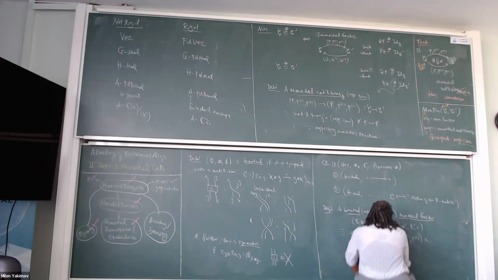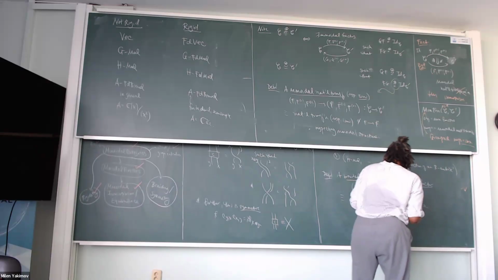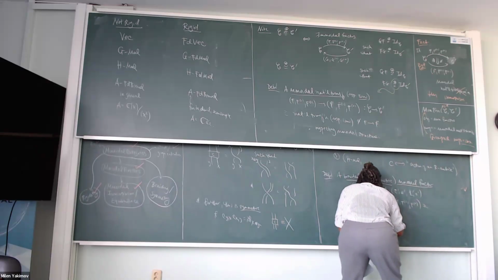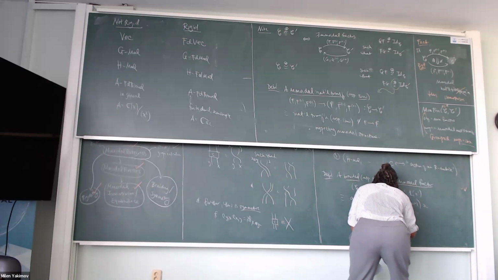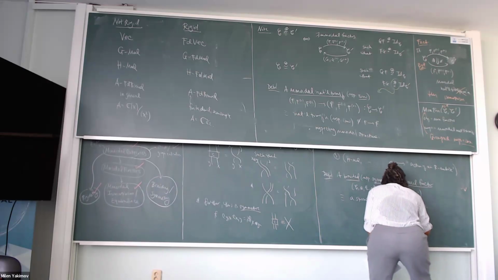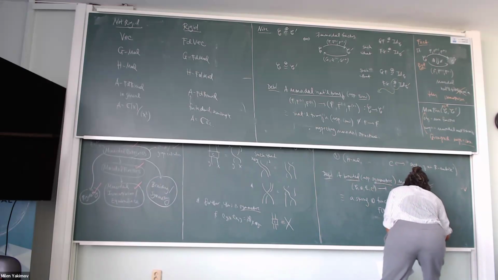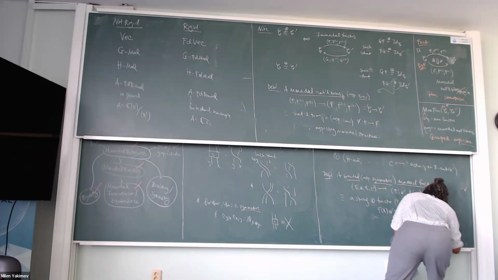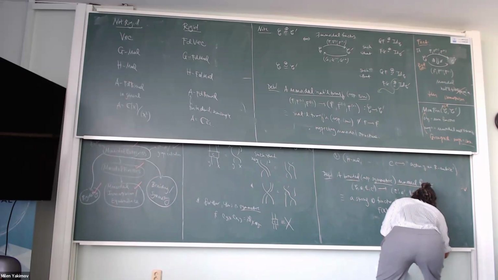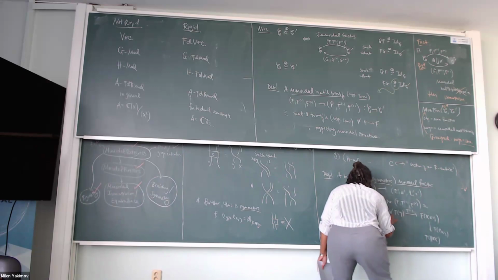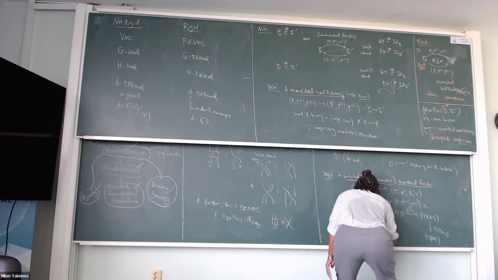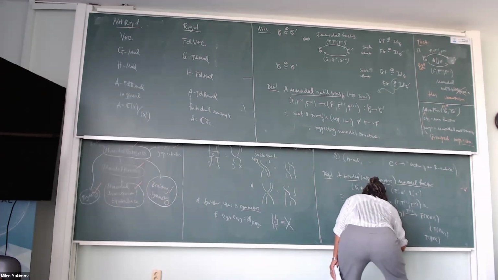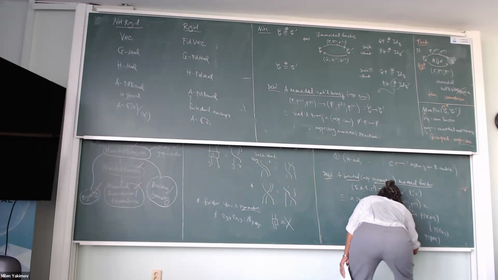So for instance, if I take two objects X and Y and merge them with an F2, and then apply the grading inside, that's the same thing as first applying the grading on the outside, and then merging.